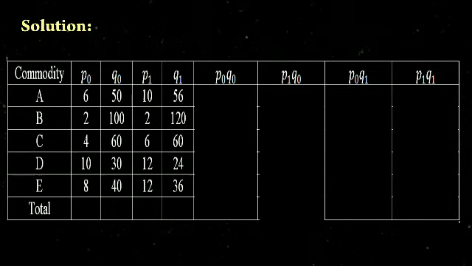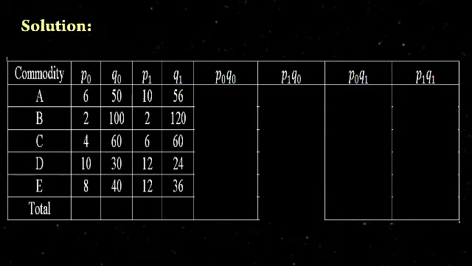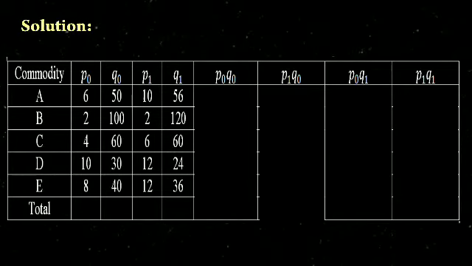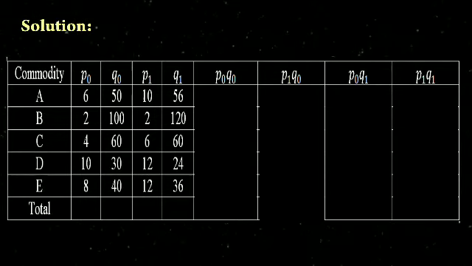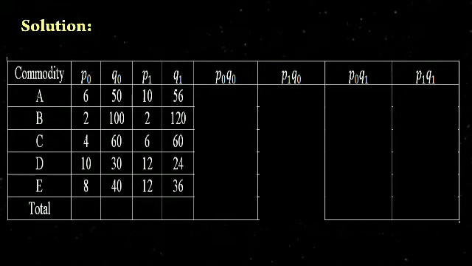So copy all the 4 different products here in the table, which is the easiest step. For Laspeyre's formula, you should find the product of P1 Q0 and the product of P0 Q0. And for Paasche, P1 Q1 and P0 Q1. So you will get 4 different products.